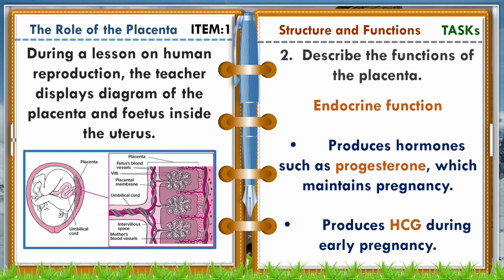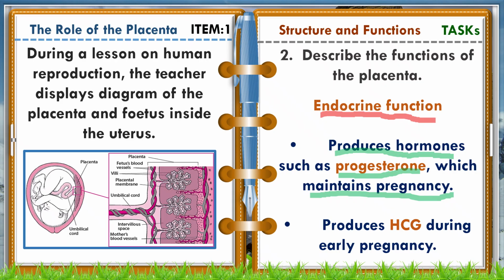Another function is the endocrine function. And what is this? The placenta produces hormones such as progesterone. And what is its purpose? It maintains pregnancy.